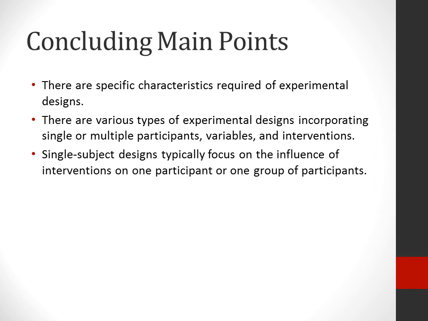And as we saw in the levels, those different experimental designs can be categorized into pre-experimental, quasi-experimental, and true experimental. Finally, single subject design, which is widely used in human research, typically focuses on the influence of interventions on one participant or one group of participants.